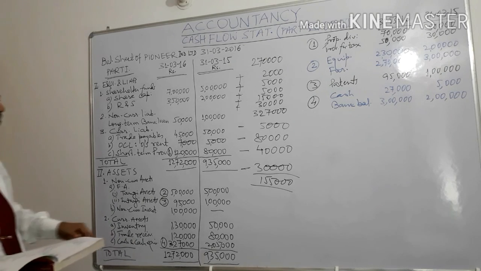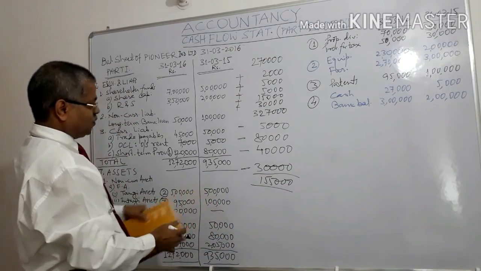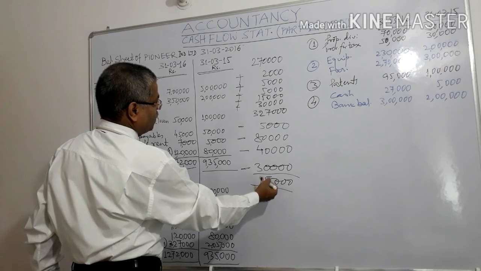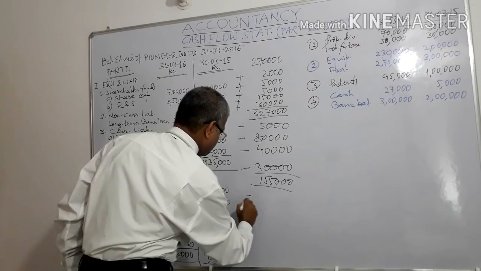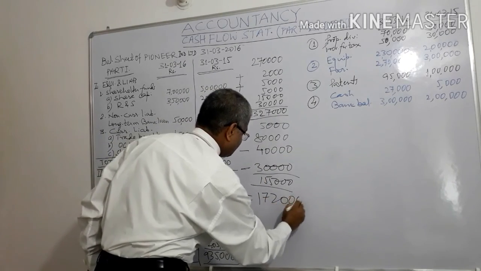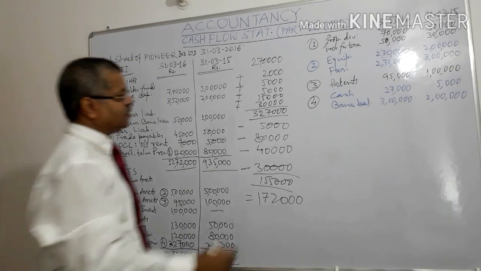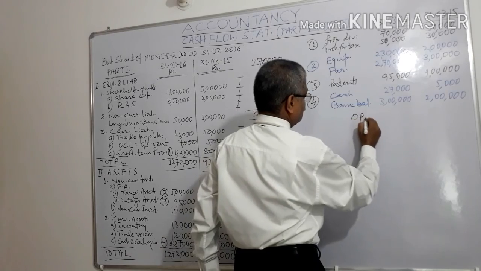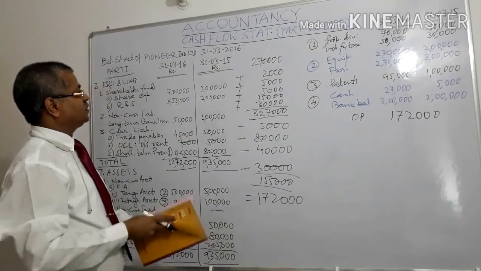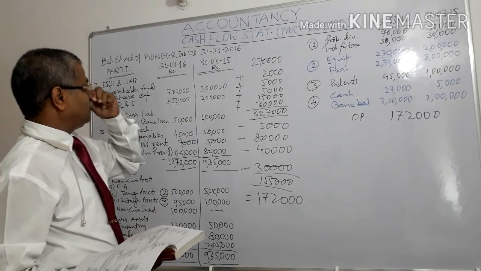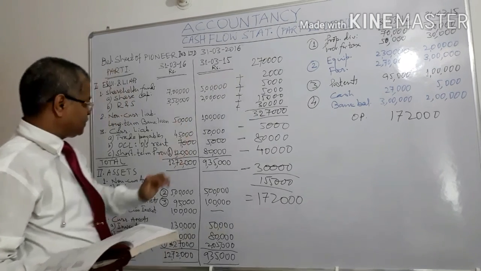So what did we get here? 327 minus 155 is equal to 172, positive cash flows out of operating activities, right? So we will keep here operating 172,000, right?